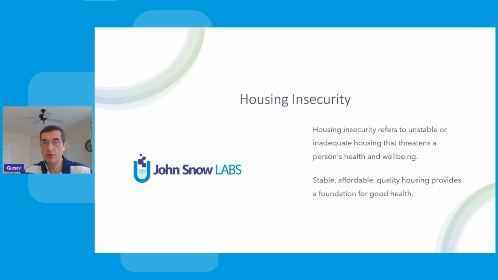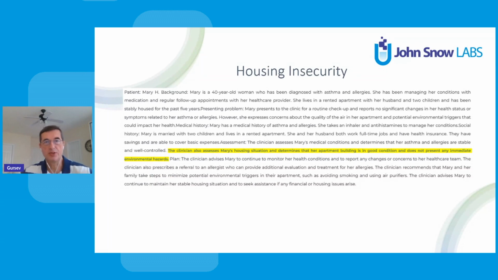Housing insecurity, as the name implies, is when the person has unstable or inadequate housing, and it may have an impact on the person's health and well-being. The model is trying to find if the person has stable, affordable, quality housing; if not, it will be a problem for the person's health.